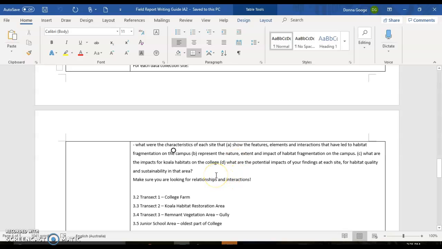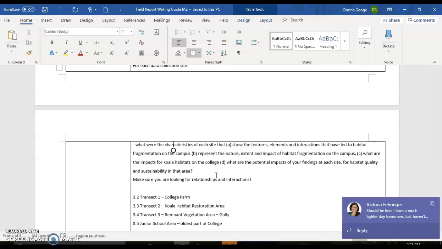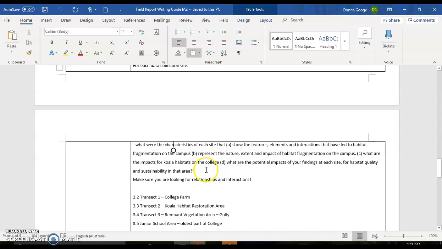Next bit, the impacts for koala habitats on the college. Where's the clearing in relation to that? Where's the risk of koala food trees being knocked over, etc.? And what are the potential impacts of your findings at each site for habitat quality and sustainability in that area?